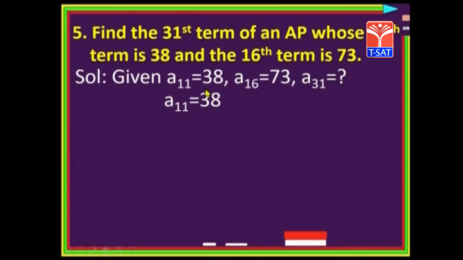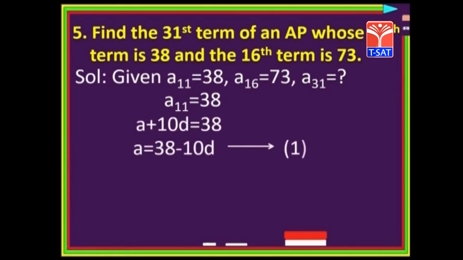A11 is equal to 38. A11 is nothing but A plus 10D from the nth term formula, that is A plus 10D is equal to 38. From this I am writing A as 38 minus 10D. So bring 10D to right hand side, we will get A is equal to 38 minus 10D, which is relation 1.